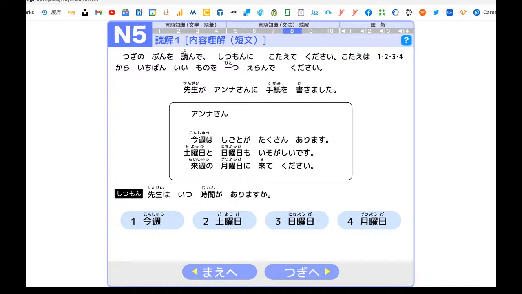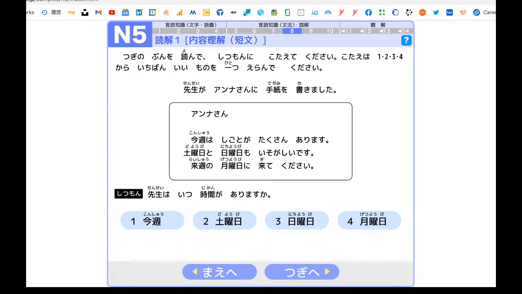Then let's take a look. 今週は仕事がたくさんあります. 土曜日と日曜日も忙しいです。来週の月曜日に来てください。Do you see? 今週は仕事がたくさんあります。It means I have a lot of work this week. So the first option goes away. And then 土曜日と日曜日も忙しいです. So busy on Saturday and Sunday.